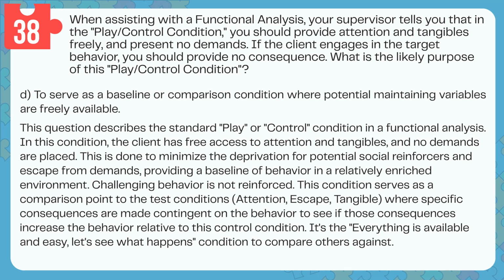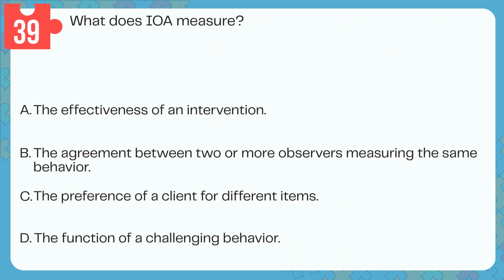Challenging behavior is not reinforced. This condition serves as a comparison point to the test conditions, attention, escape, tangible, where specific consequences are made contingent on the behavior to see if those consequences increase the behavior relative to this control condition. It's the everything is available and easy, let's see what happens condition to compare others against.